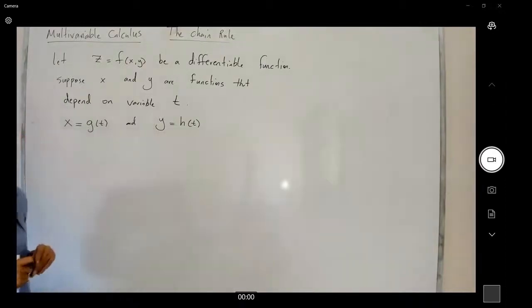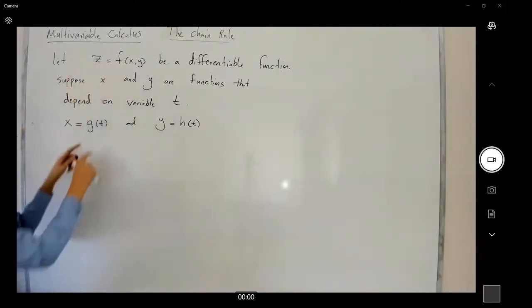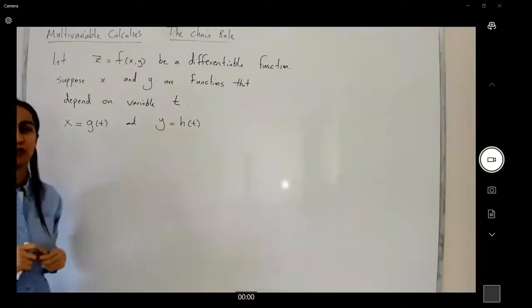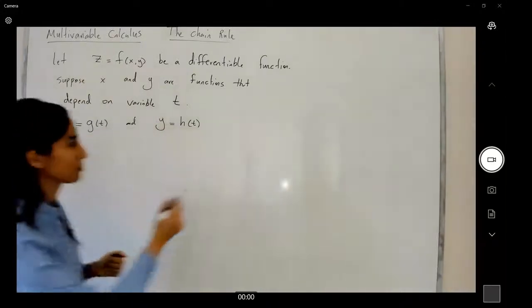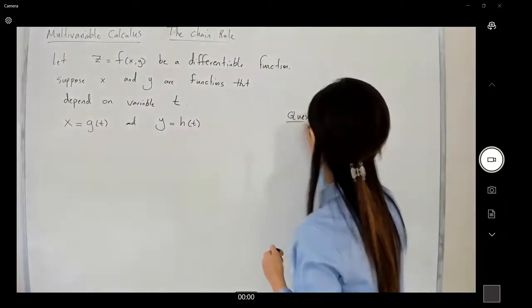Then the question is, how do we take the derivative of function f with respect to this new variable t? So this is the question that we're going to answer.